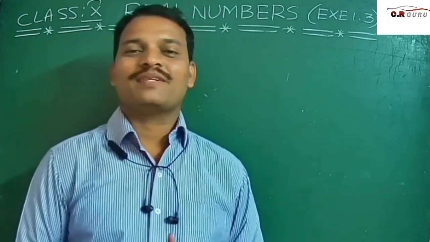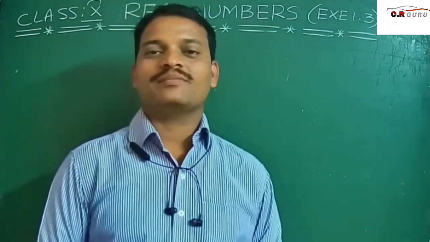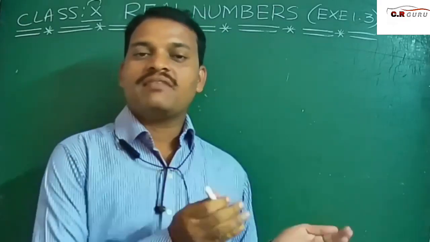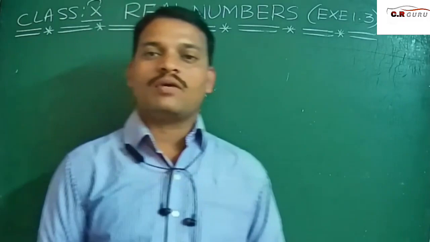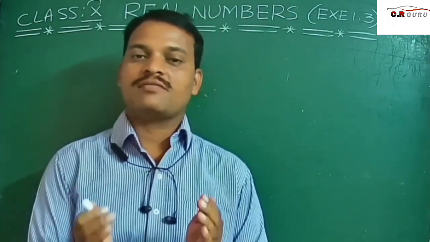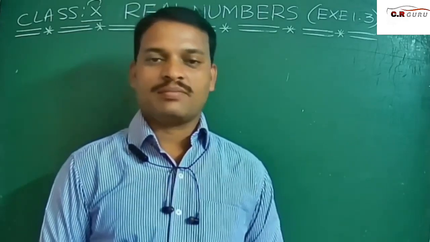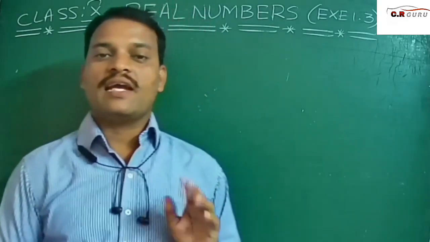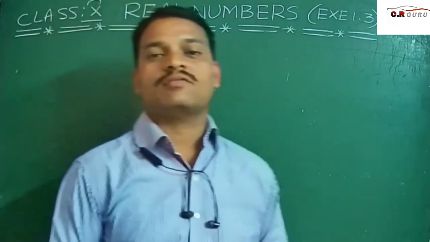Today my topic is real numbers, exercise 1.3. In the previous videos, real numbers exercise 1.1, 1.2 and the examples before exercise 1.3 are also there in my playlist, so once you check it. Today I want to explain real numbers exercise 1.3.